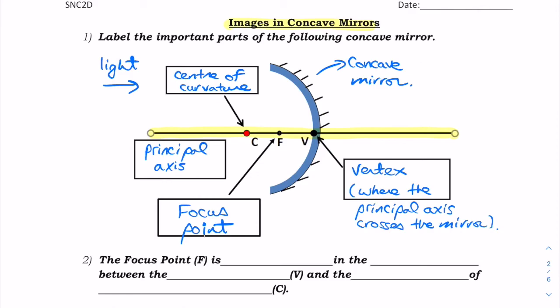One thing I'd like you to notice is that we use capital letters to label the center of curvature, the focus point, and the vertex. So please make sure you're using capital letters to label them in all diagrams going forward. Okay, and I'll just color code it so you know what I'm talking about here.